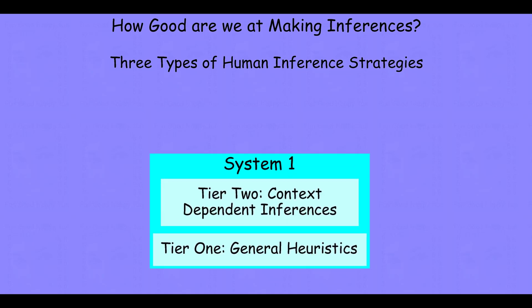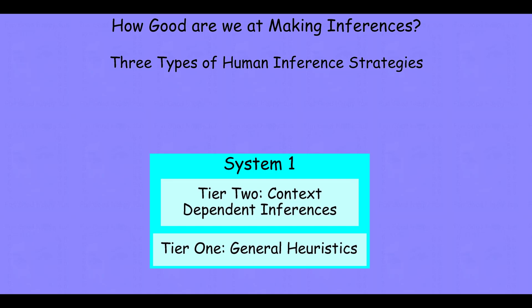Now, psychologists group these two tiers, these two general ways that we make inferences and decisions, into what they call System 1. That's a terrible name, and any cognitive scientist will tell you that the name is misleading. It suggests that there's a single inference system or a single brain system that's responsible for all of these inference and decision-making strategies. But this isn't really what psychologists mean when they use System 1.